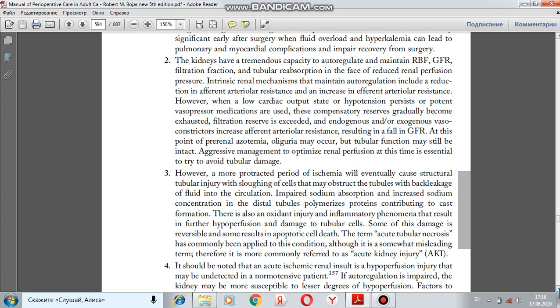However, when a low cardiac output state or hypotension persists or potent vasopressor medications are used, these compensatory reserves gradually become exhausted, filtration reserve is exceeded, and endogenous or exogenous vasoconstrictors increase afferent arteriolar resistance, resulting in a fall in glomerular filtration rate. At this point of prerenal azotemia, oliguria may occur, but tubular function may still be intact. Aggressive management to optimize renal perfusion at this time is essential to try to avoid tubular damage.